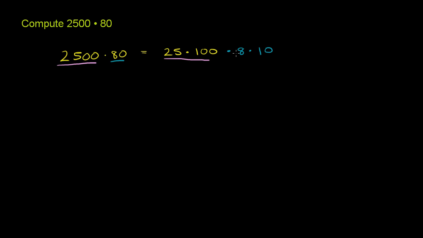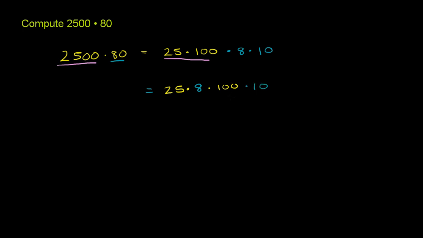And in multiplication, you can rearrange it any way you like. You can change the order when it's all a bunch of numbers being multiplied. So this is the same thing. This is equivalent to 25 times 8 times 100 times 10.